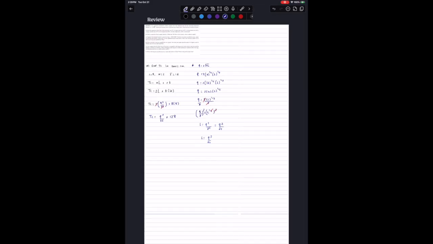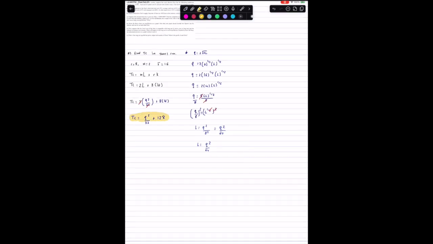And this is our total cost function. As I said, this is the most important part of the question. You need this total cost function for the rest of your question. If you get this wrong, you will get the whole question wrong. So if you take away anything from this, just take away how to do this and you'll be fine, right?